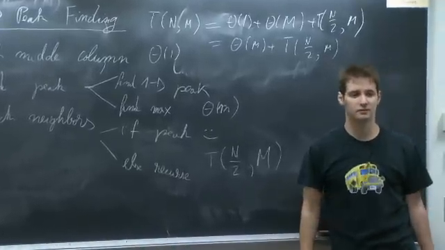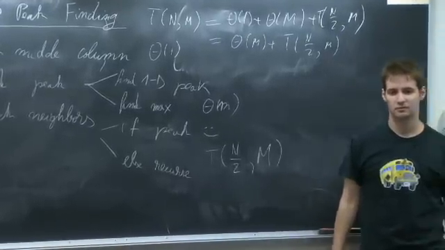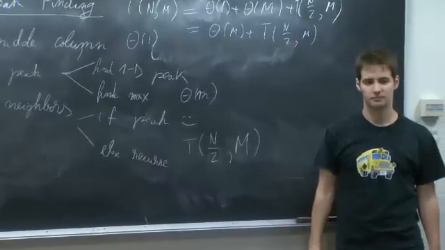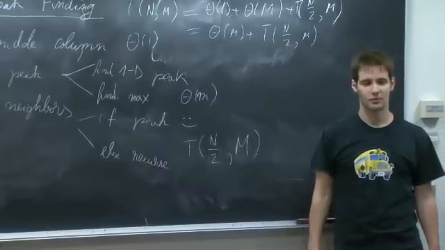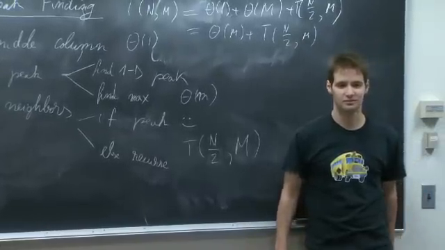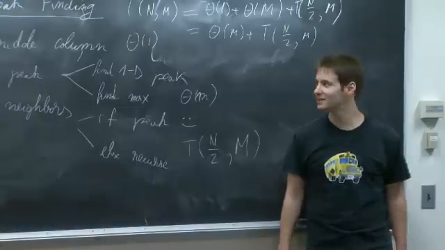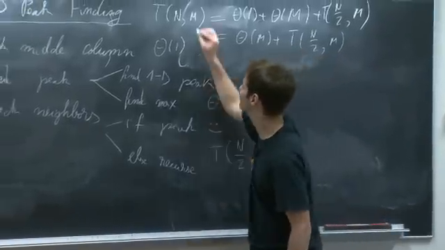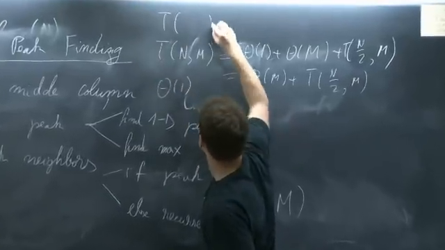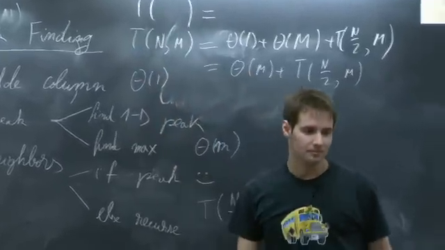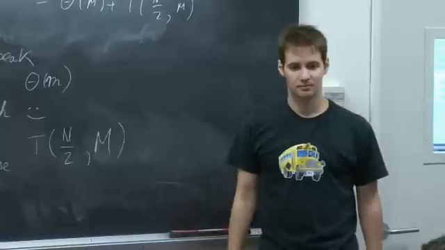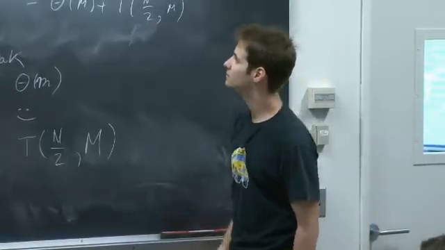How would I solve this? What's the first thing that we need? Yes? You need to figure out the base case. All right, excellent. Base case. What's the base case? T of 1, m, sorry, T of 1 comma m. Nice.